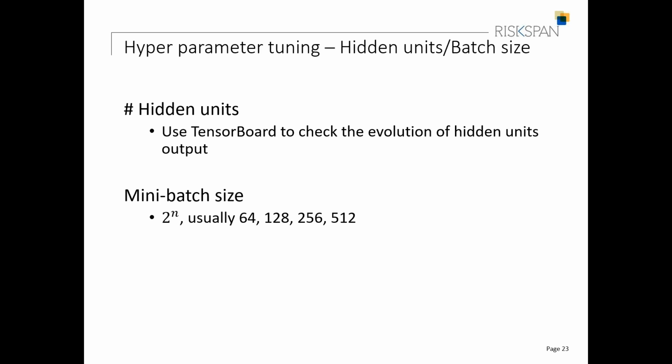So we can choose to update the weights and bias after a certain number of samples. Traditionally, we choose the mini batch size equal to 2 to the power of n, such as 64, 128, etc. In that case, the code will run faster due to the structure of the computer memory.